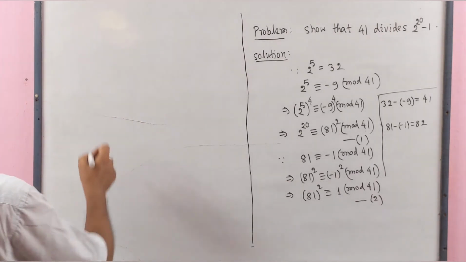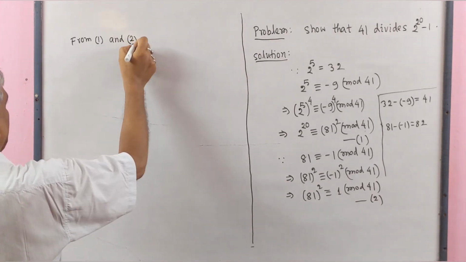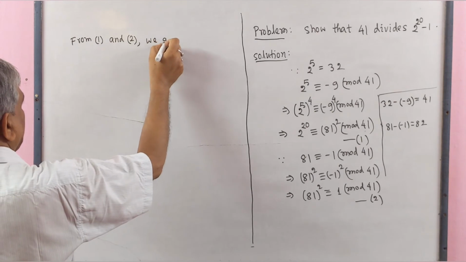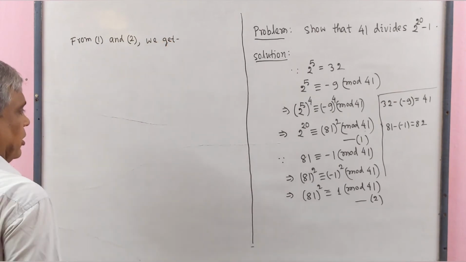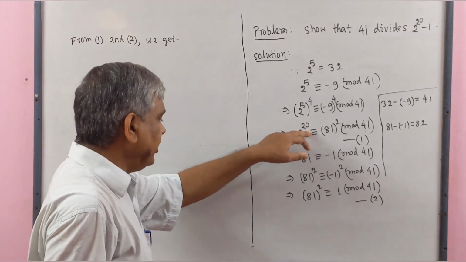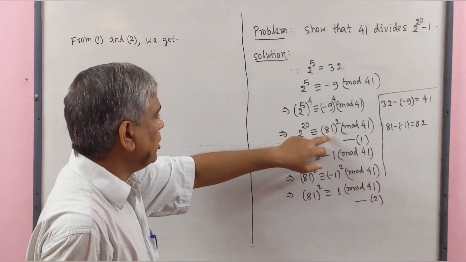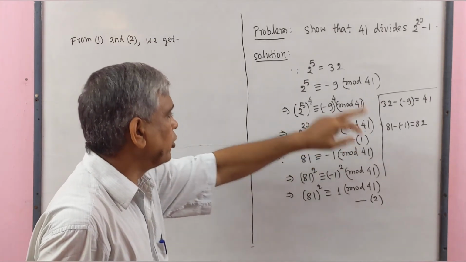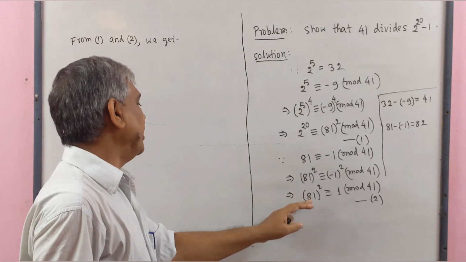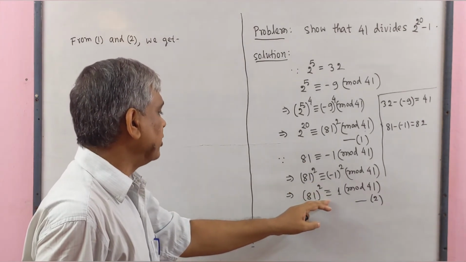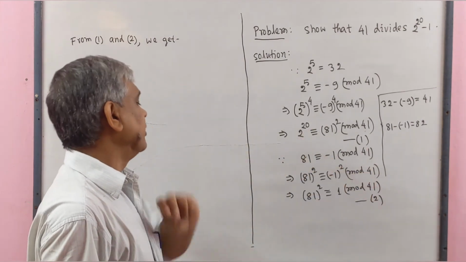From 1 and 2, we get that 2 to the power 20 is congruent to 81 squared modulo 41, and 81 squared is congruent to 1 modulo 41.